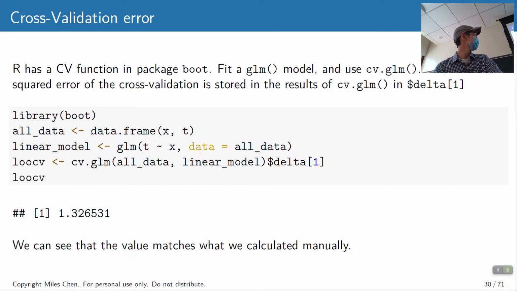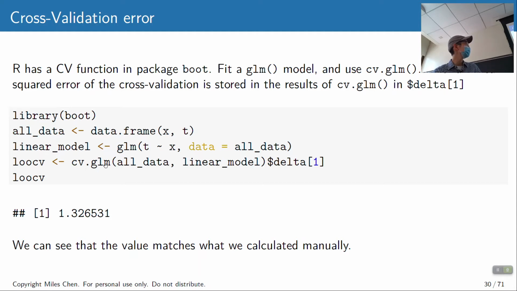So you give it the full data set. This all data has all 4 data points. And then you fit a linear model. You use a GLM, generalized linear model, so you can technically fit like logistic regression and other models too. And so we just say predict t based on x. The data is going to come from all of our data, and then perform cross-validation, cv.glm, and you do all data, linear model.